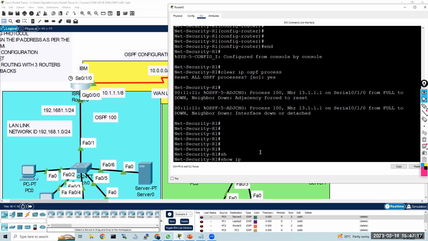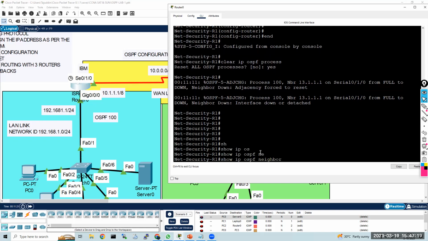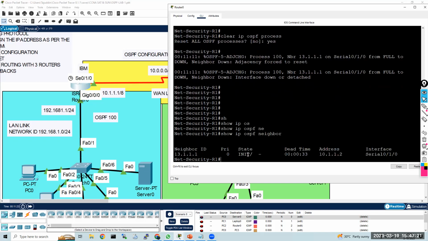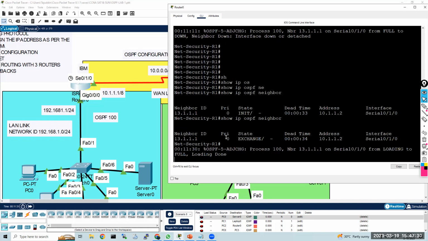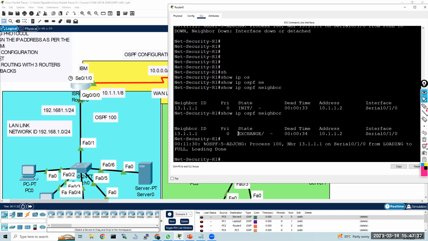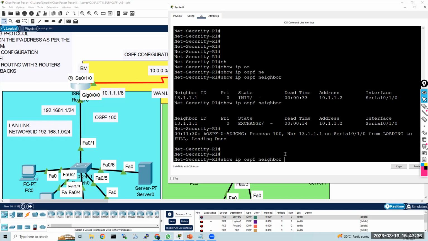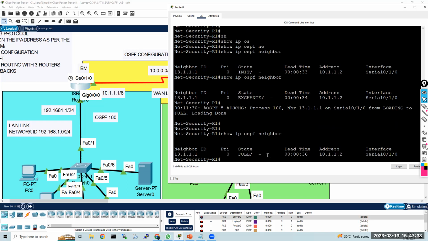If you type show ip ospf neighbor, we can see it is initiating. This is nothing but your hello message, it is forming the neighborship. Now exchanging, now it has loaded. Now if you check the OSPF neighbor, for him the neighbor is the same.